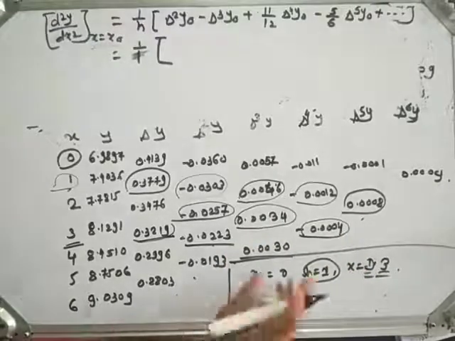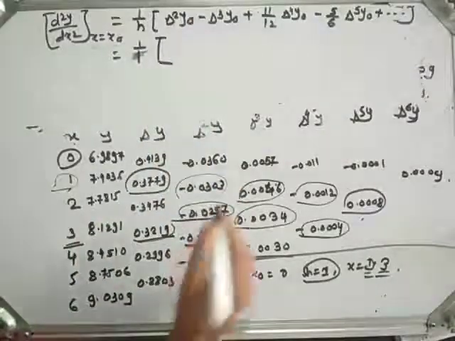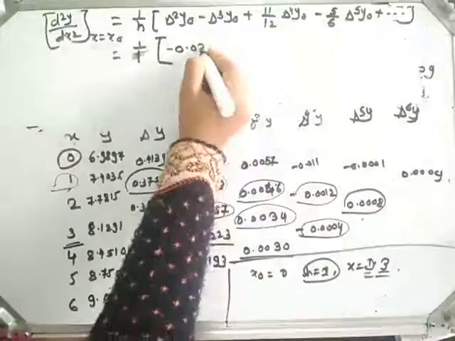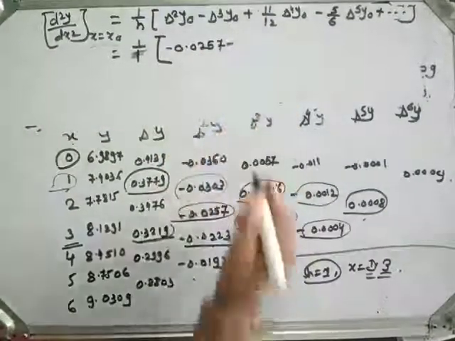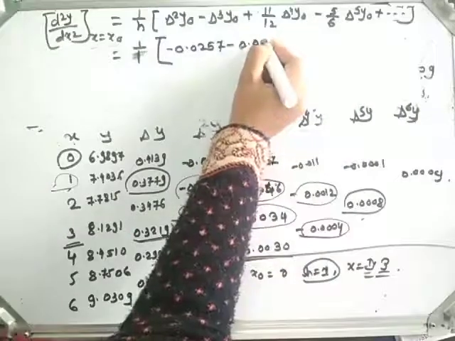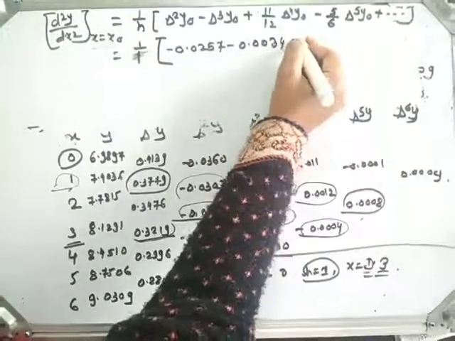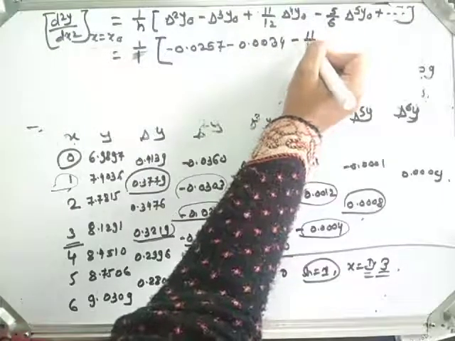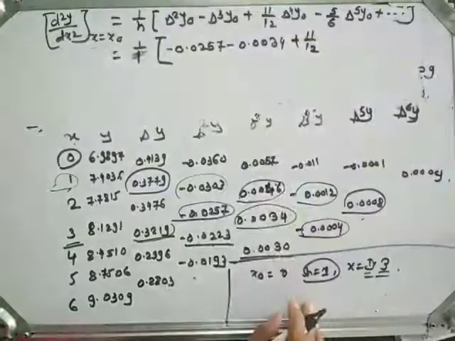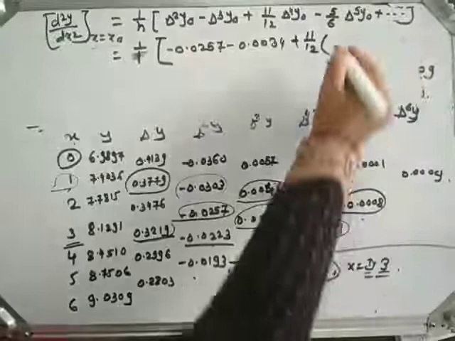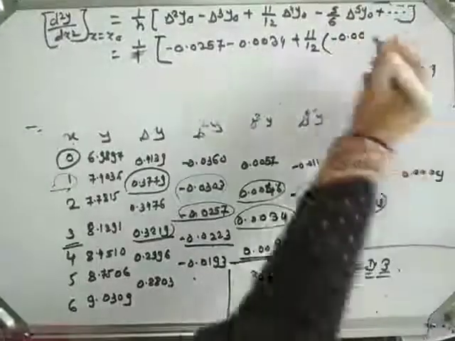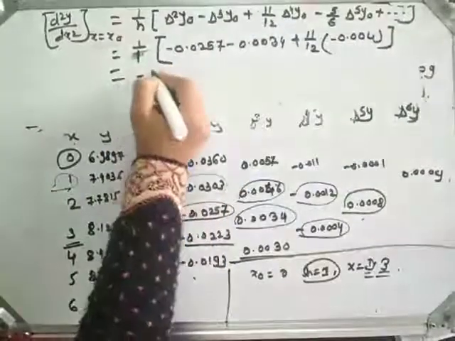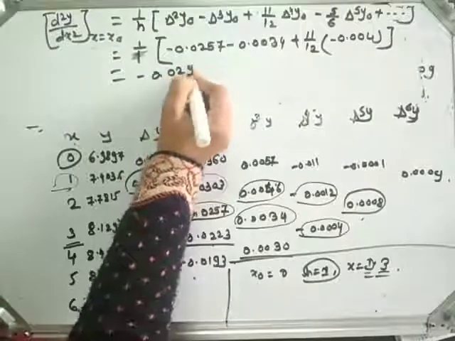So put these values in the formula: minus 0.0257 minus 0.0034, sorry, here is plus 11 upon 12 into minus 0.004. Okay. Calculate this on calculator, you will get the answer minus 0.0295.